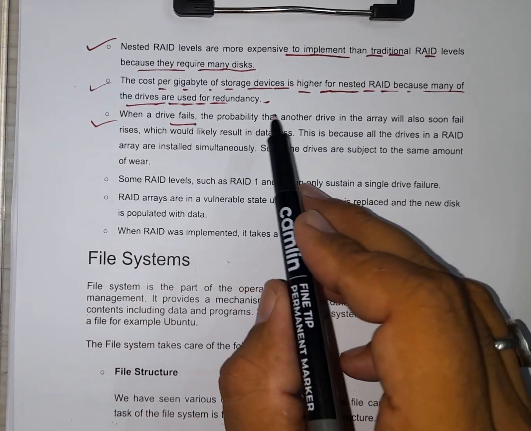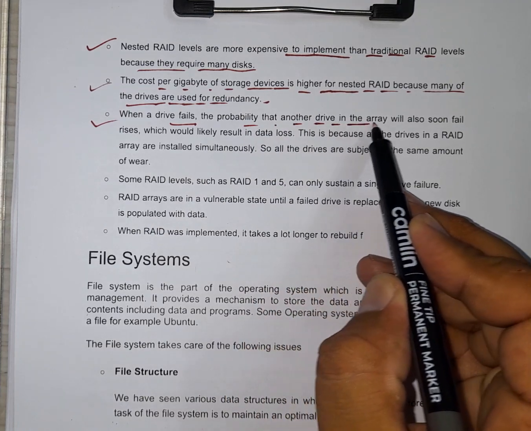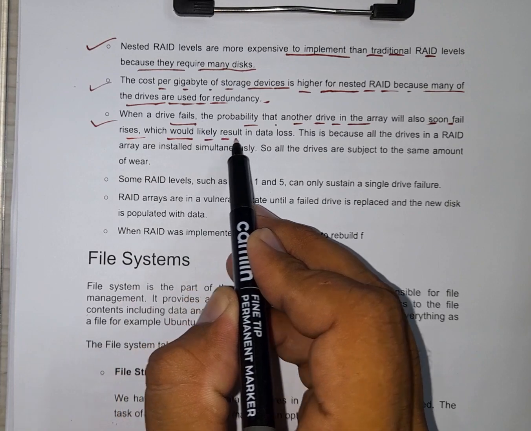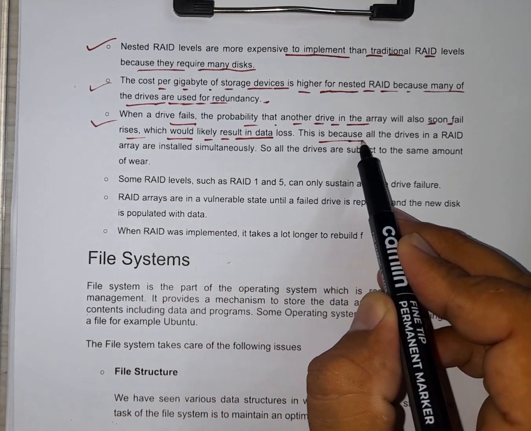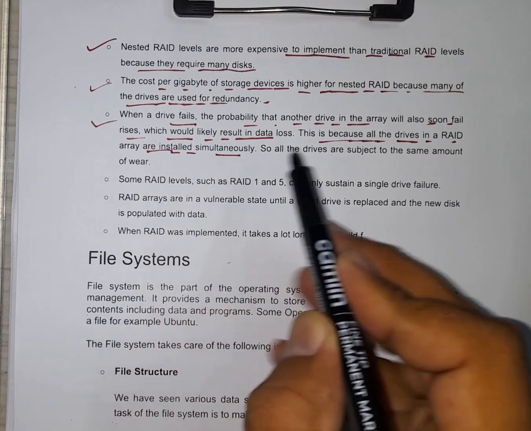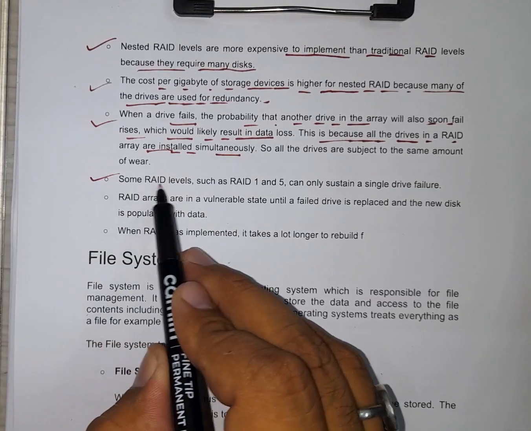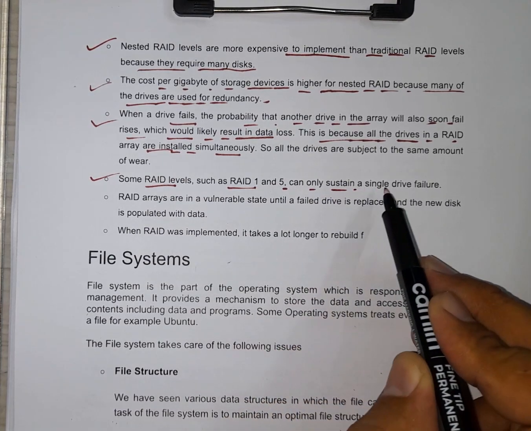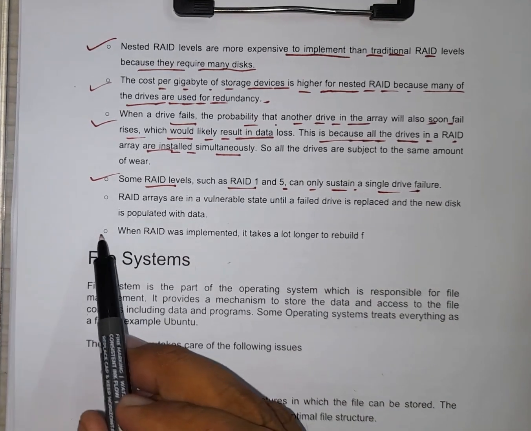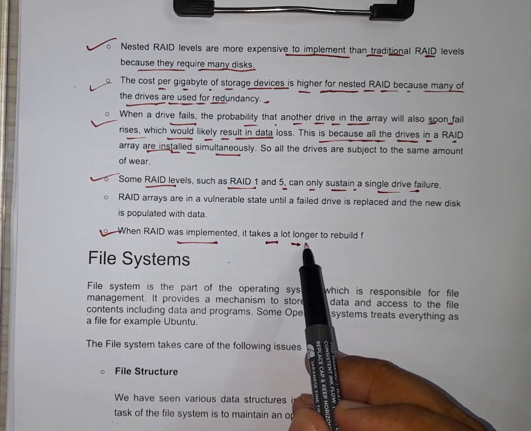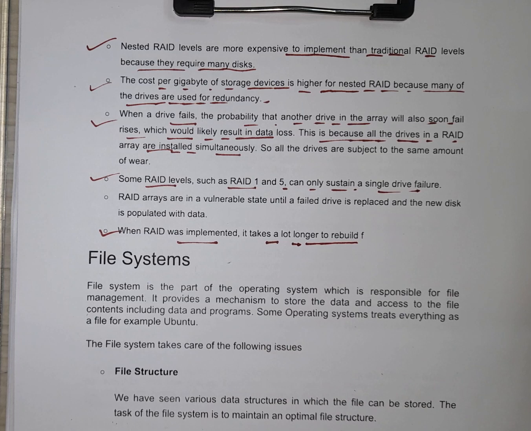When a drive fails, the probability that another drive in the array will also soon fail is high, which would likely result in data loss. This is because all the drives in a RAID array are installed simultaneously, and RAID levels such as RAID 1 to 5 can only sustain a single drive failure. Also, when RAID is implemented, it takes a lot longer to rebuild after a failure.